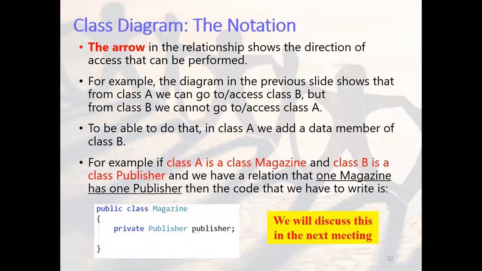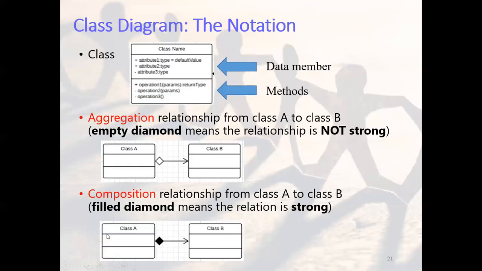The arrow shows the direction of access that can be performed. So for example, in here, class A accesses class B. In other words, class A has class B, or class B belongs to class A. Just remember one direction: class A has class B.